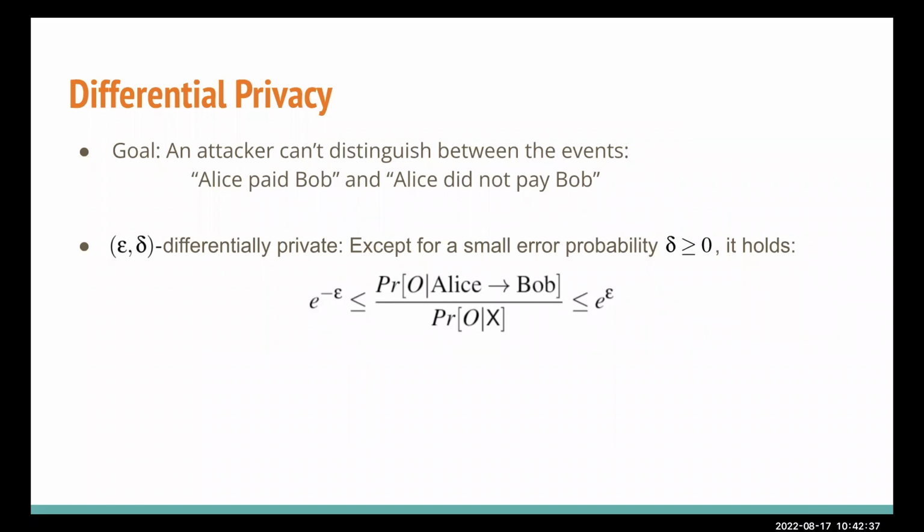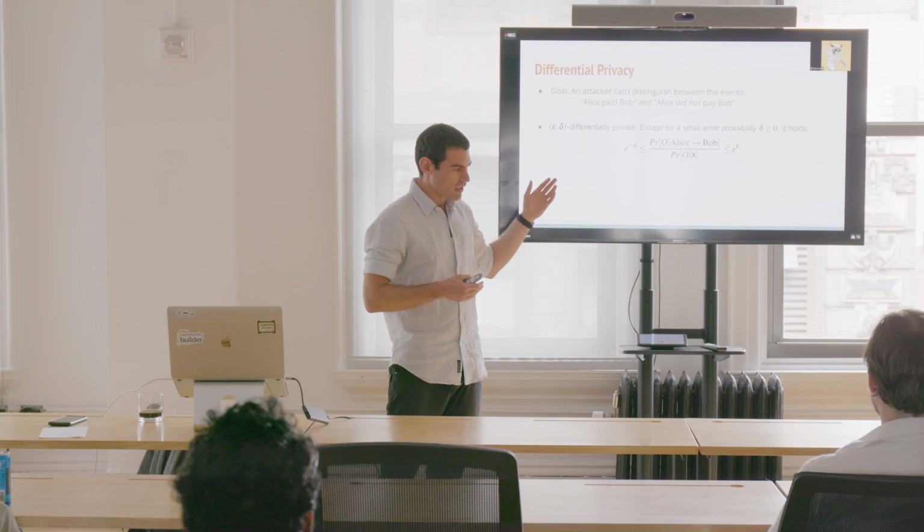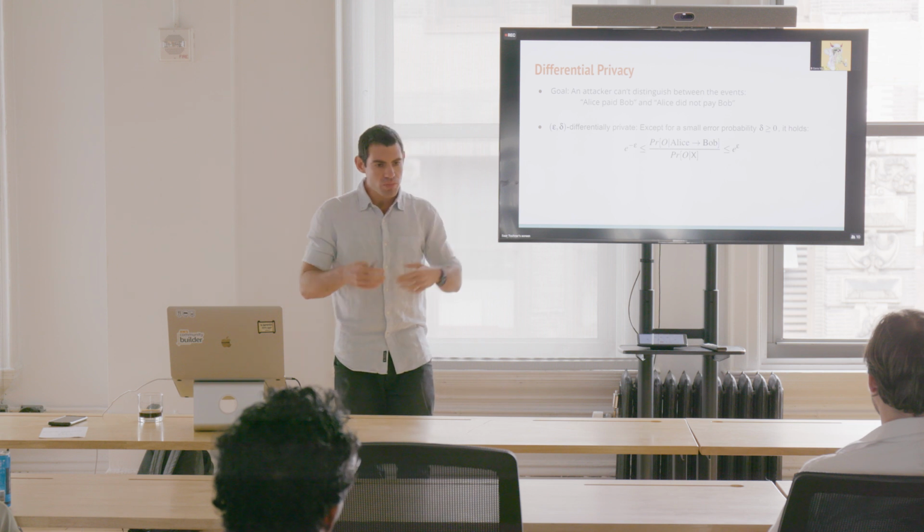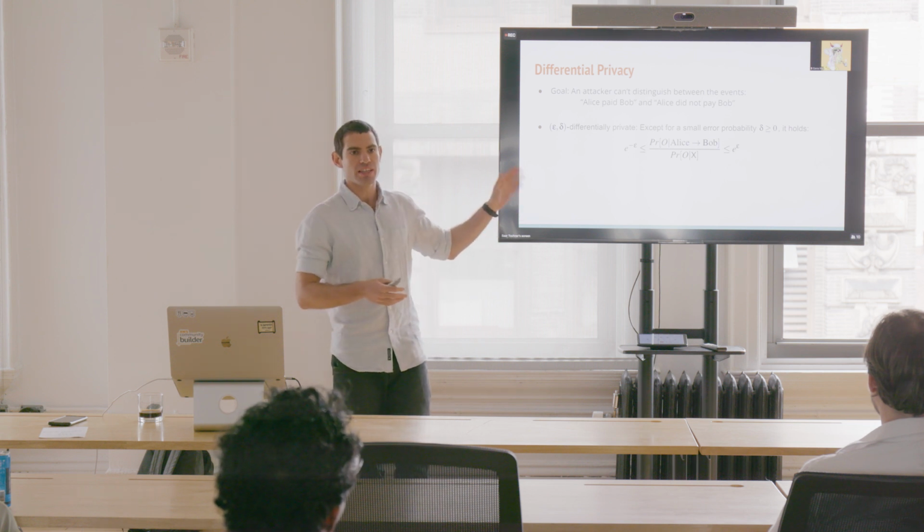So as epsilon goes to 0, we bound the probability of seeing this observation in two different events, whether Alice paid Bob or Alice didn't pay Bob. And we want to make sure that in most of the cases, the attacker will get this.